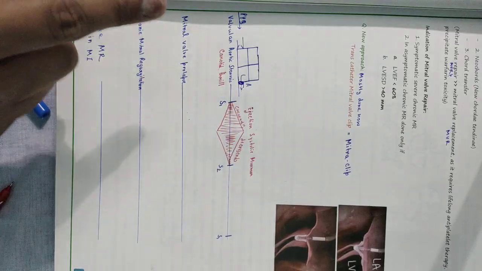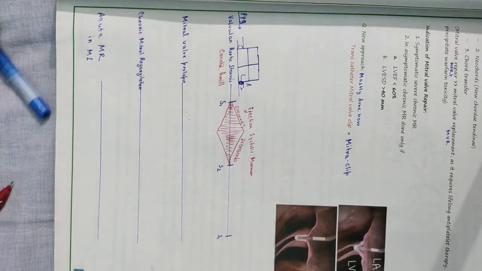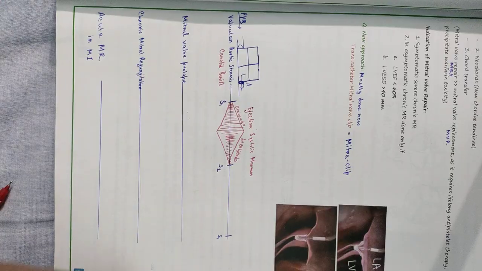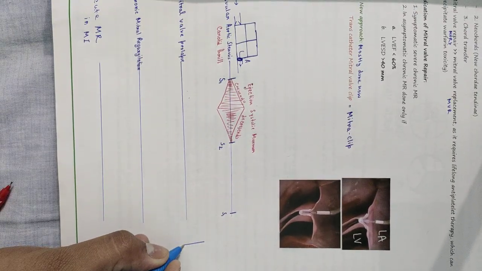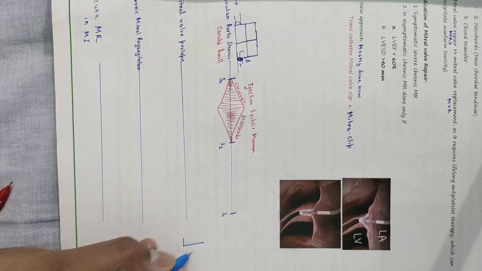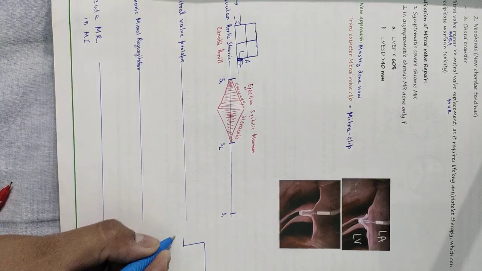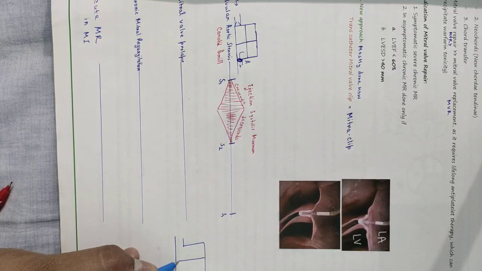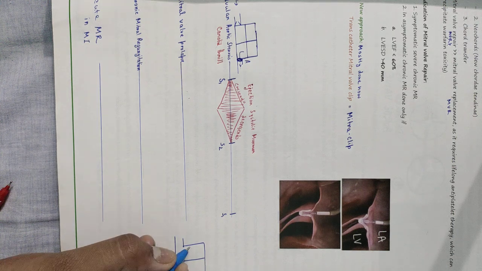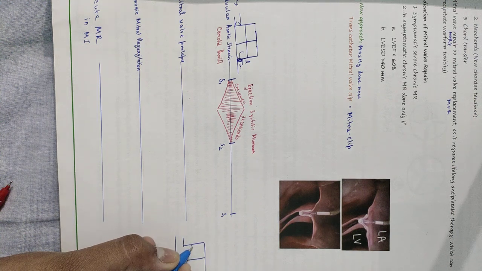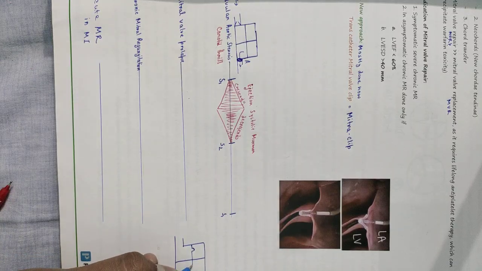Next is mitral valve prolapse. Mitral valve prolapse means I have, this is my tricuspid valve, this is my mitral valve.